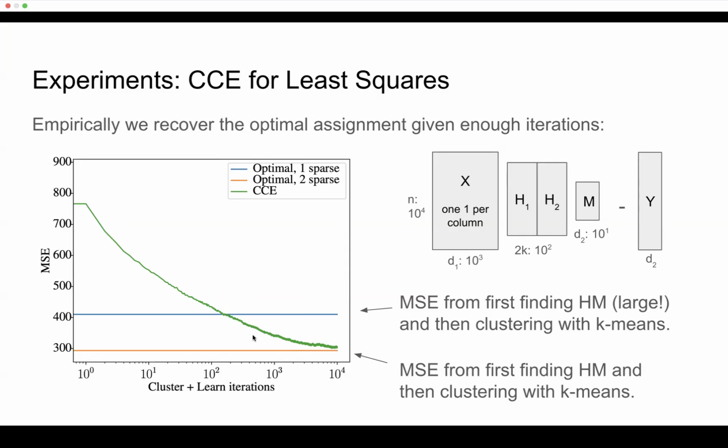We also tried a fancier version of the k-means algorithm that finds the best factorization in terms of a two sparse H matrix and codebook. It got a loss around 300, and we had to run the algorithm a lot longer, but then it was also able to achieve that loss.